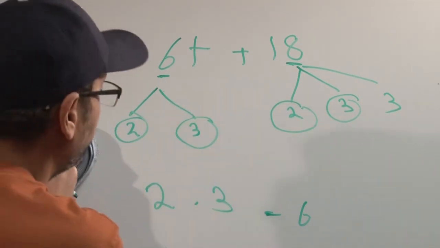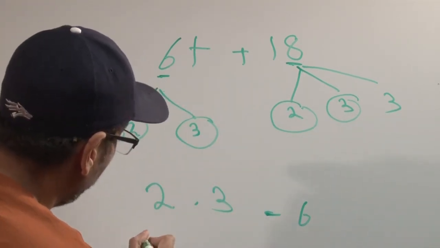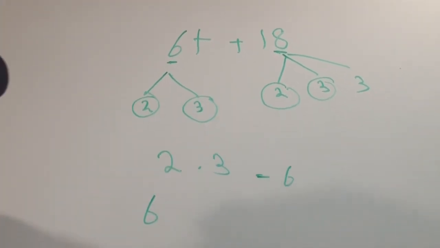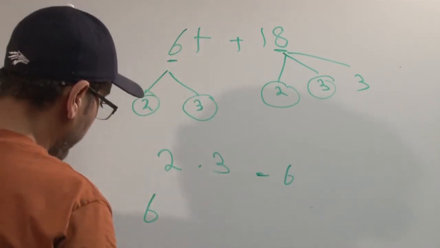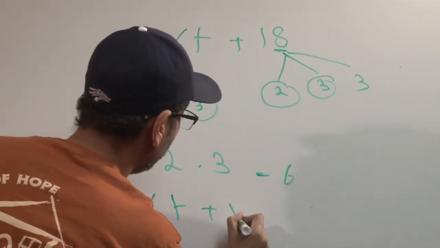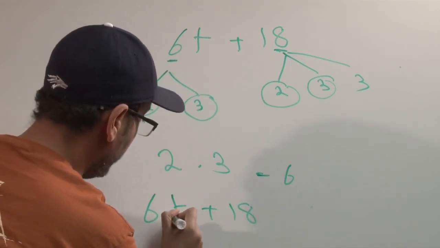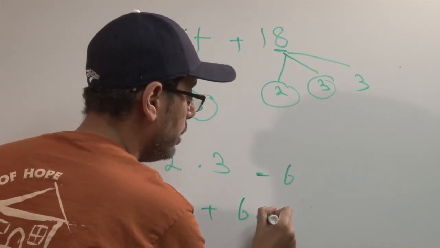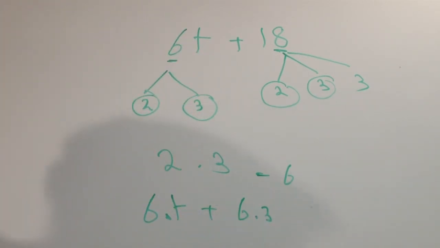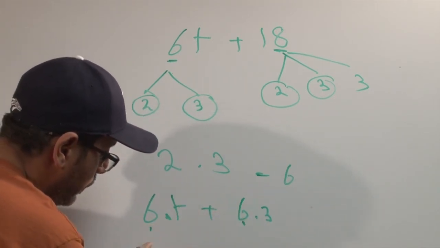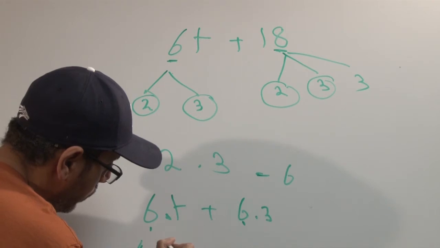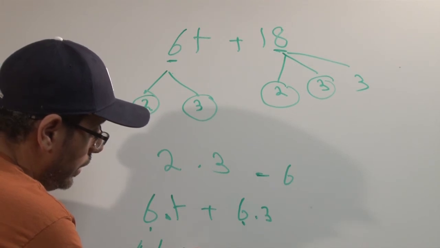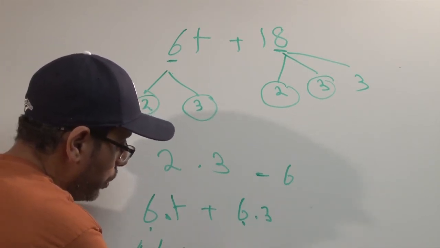So the greatest common factor here is 6. Let's write this down and say that 6 is the greatest common factor. How about getting this out? I would say that 6t plus 18 is 6 times t plus 6 times 3. Can I get this 6 out? And I do. My common factor here, and this is going to be 6 times t plus 3.